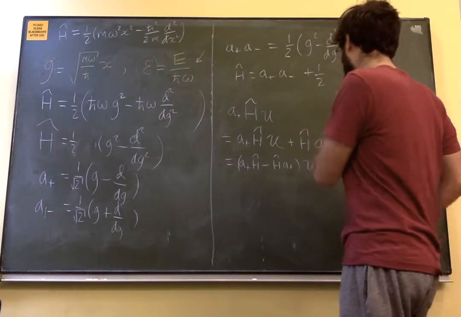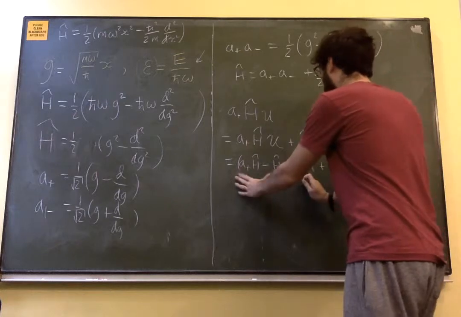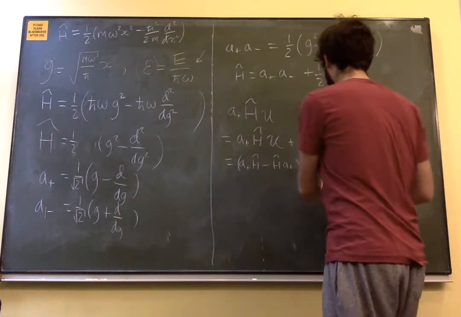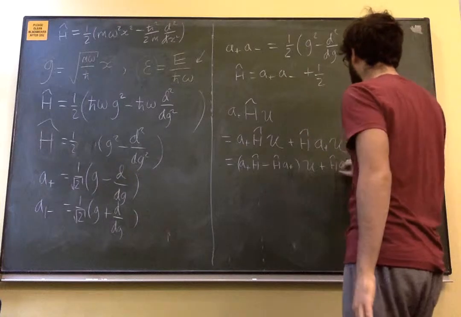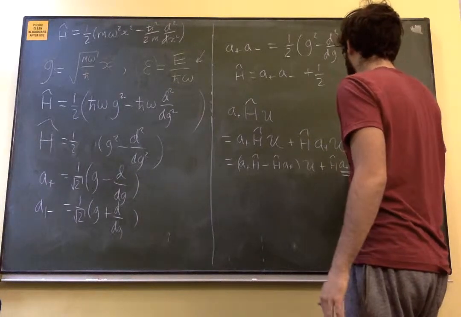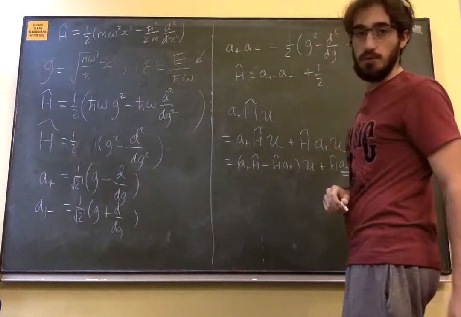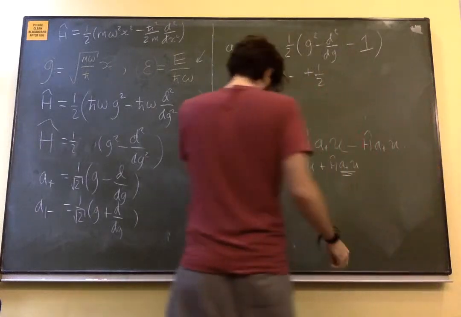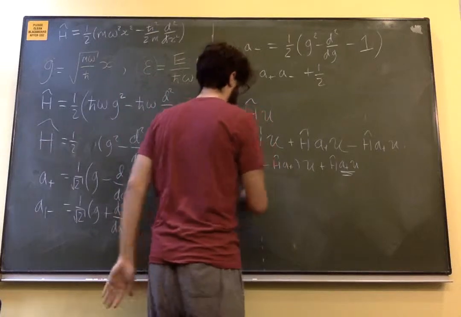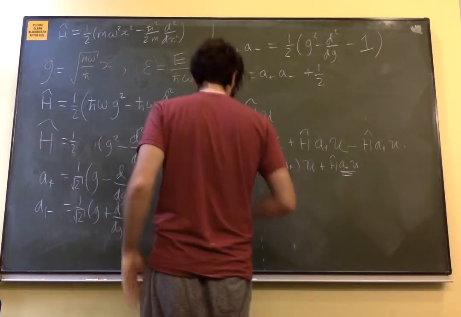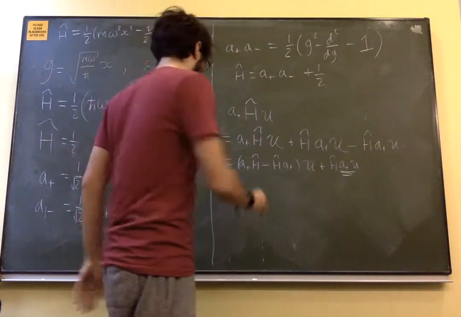At the very end, we're going to bring whatever happens here to this side and solve for what the Hamiltonian acting on a plus u gives. Let's carry on. What is this right here? This is the commutator, and how can I simplify this?